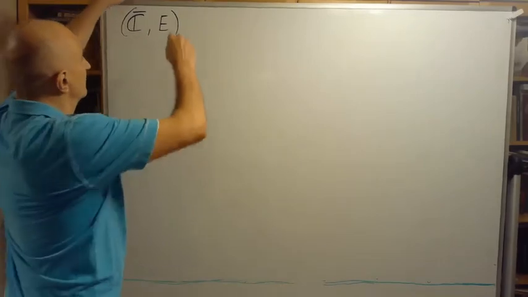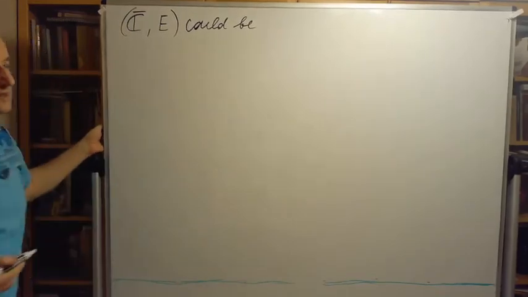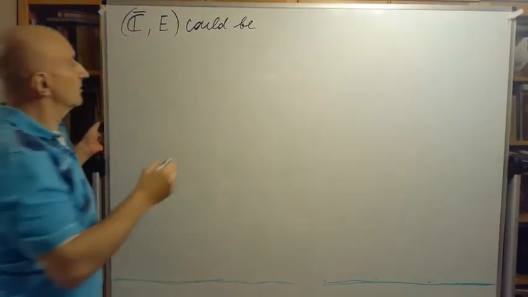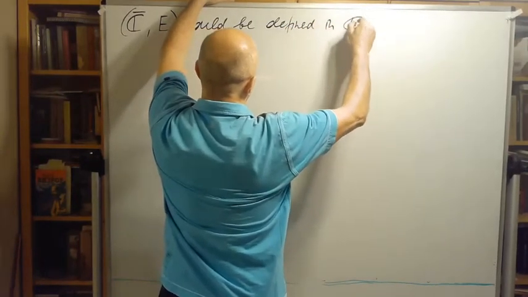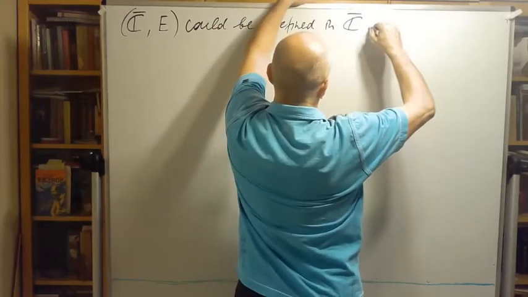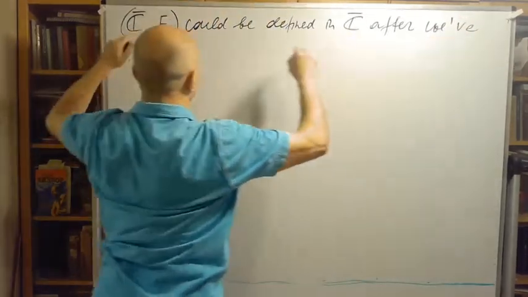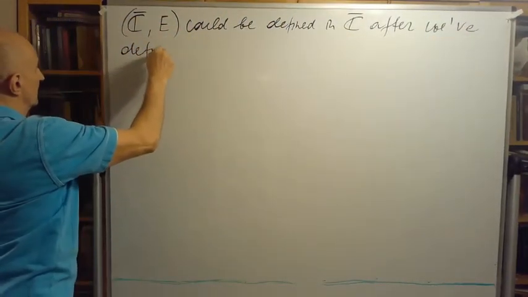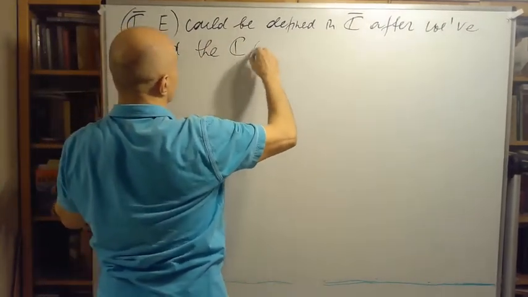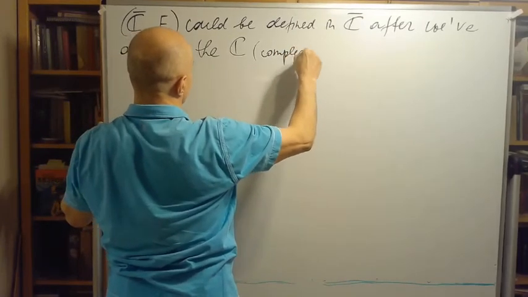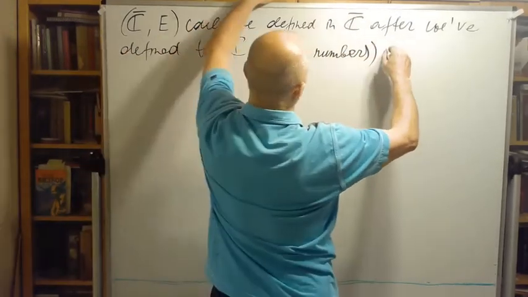This geometry could be, we did not do it because it would be unnatural, but we could theoretically, be defined in the complex plane after we have defined the complex numbers axiomatically.